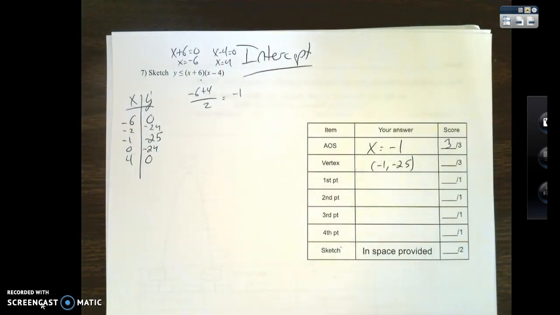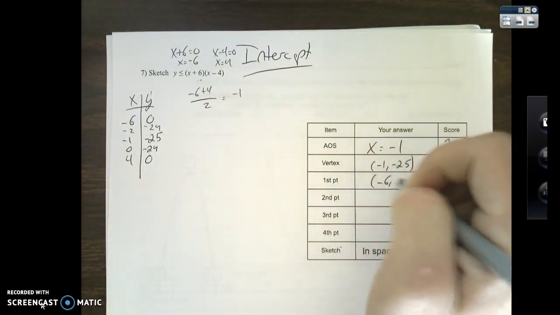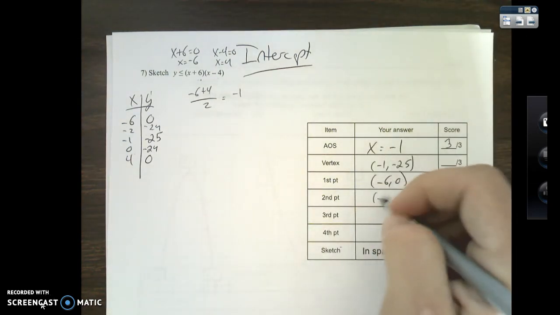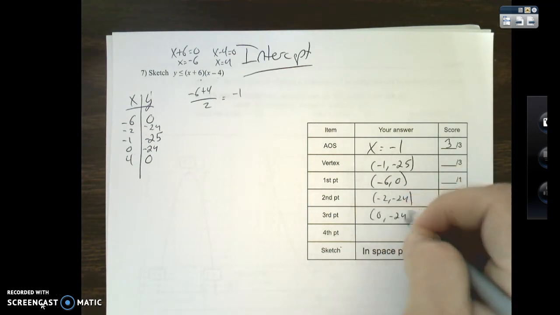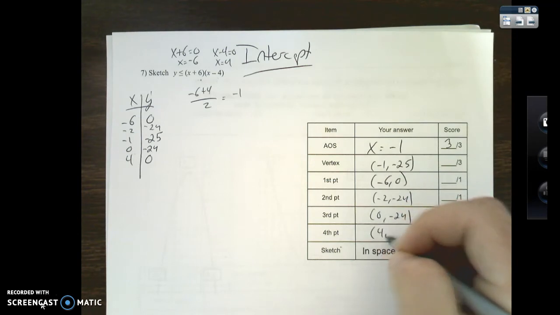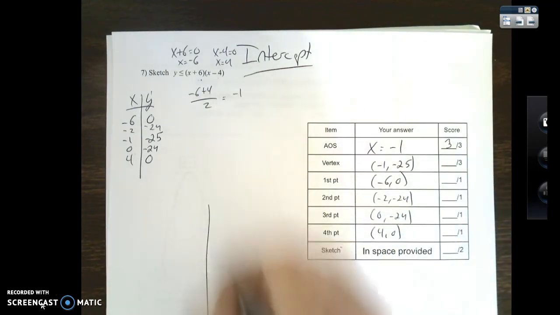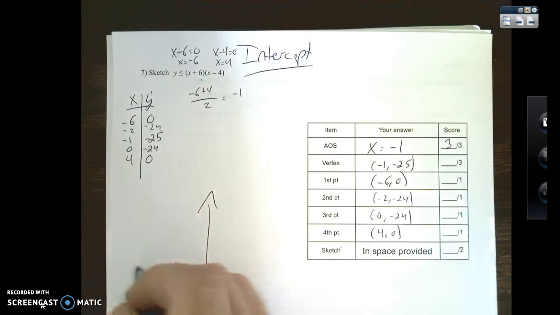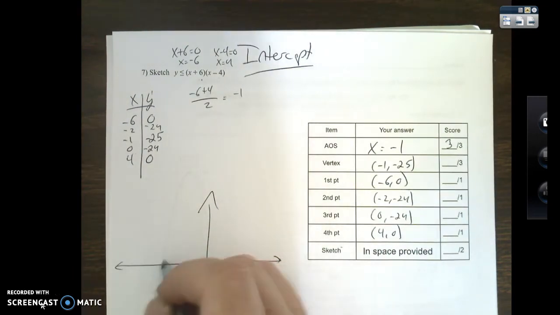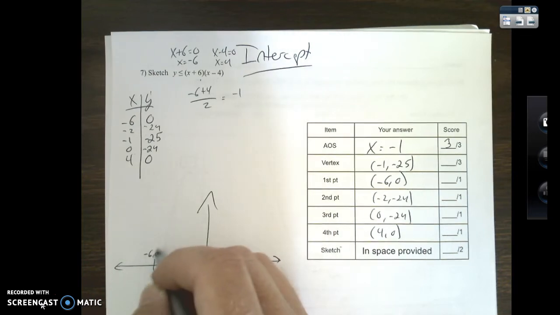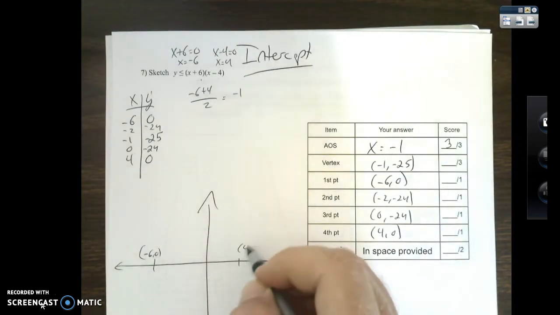Okay. Let's see here. First point. Well, I can just start putting these points down. Negative 6, 0. Negative 2, negative 24. 0, negative 24. 4, 0. Okay, now as far as my sketch, negative 6, 0 is back here. 4, 0.